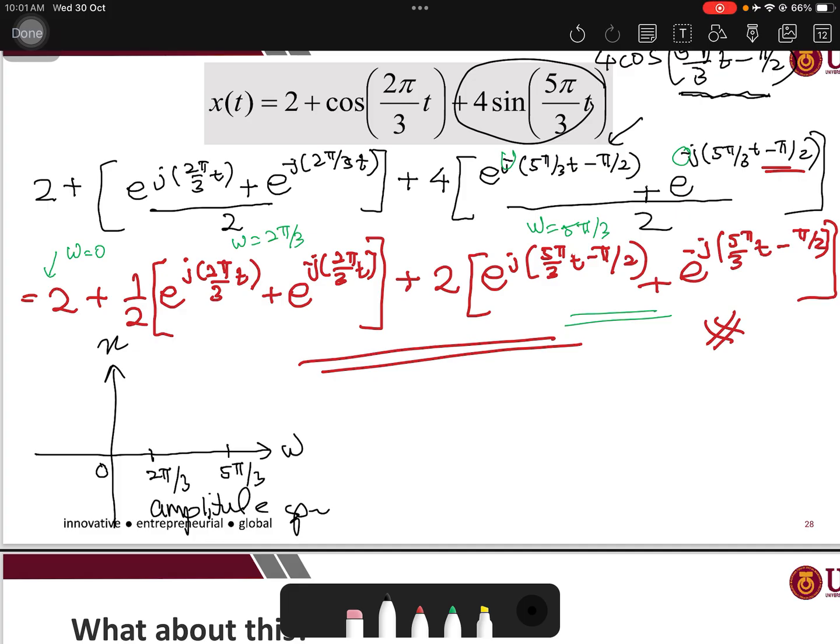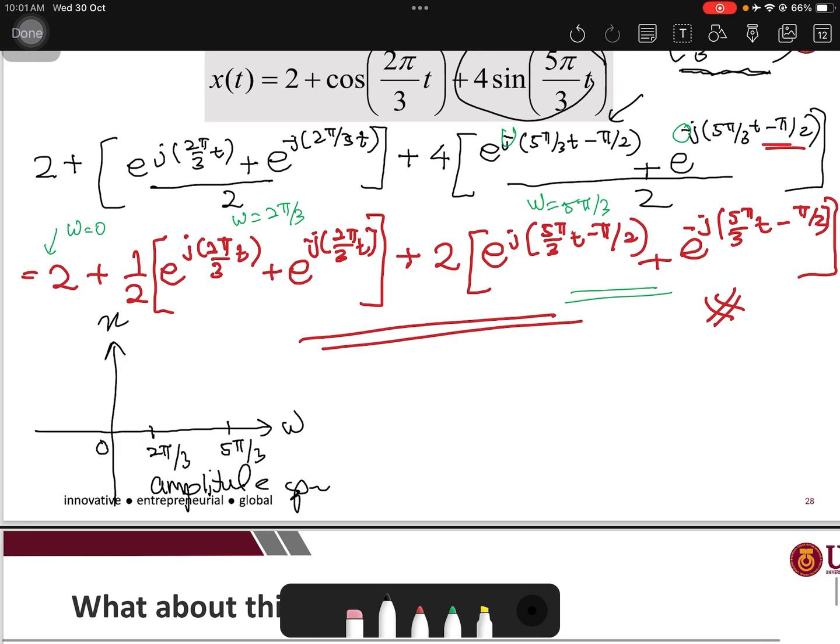Remember, since you represent in terms of exponentials, you need to have the double-sided spectrum, with 2π/3 and 5π/3 also on the negative side. Let's look one by one. For this particular one, your amplitude is 2.